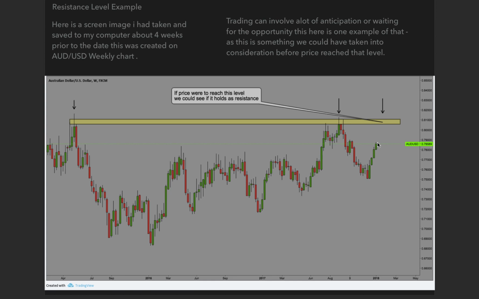What makes sense to me is that price is most likely going to come right here. And what I'm going to do is when it comes there, I'm going to sell it. At the time, it made sense to me that price was going to go there and that I was going to sell it there.